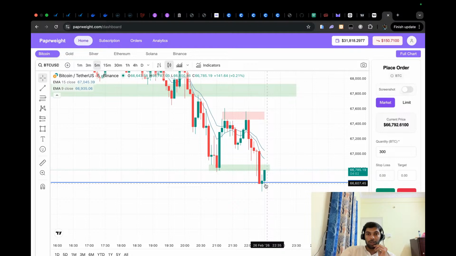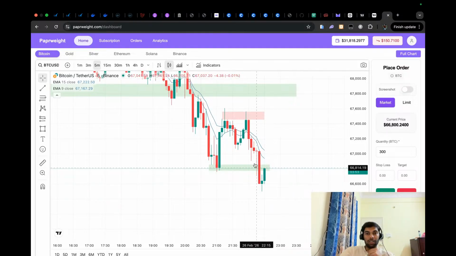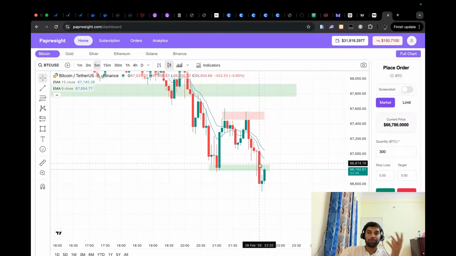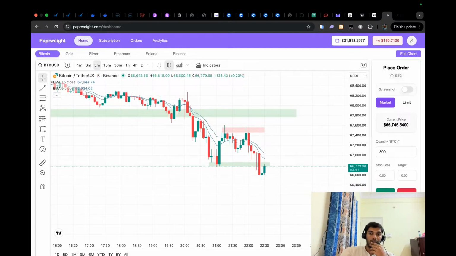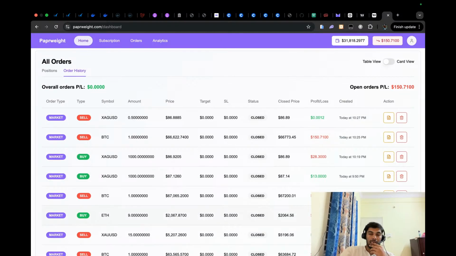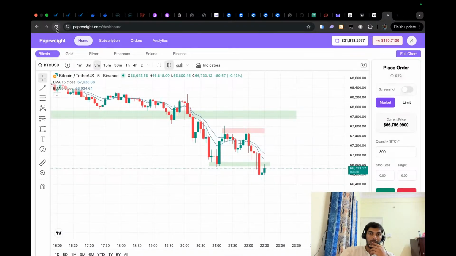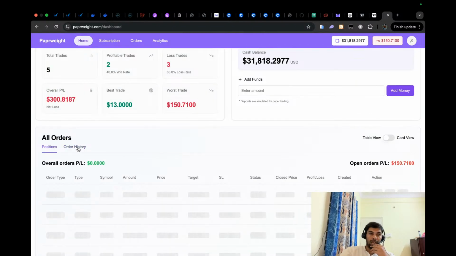So this is unusual actually, because after seeing this red candle, there are more than 60, 70% chances, you can say, that the market usually follows up with the big players. Why is this trade not reflecting here?